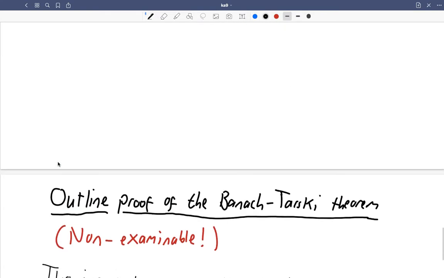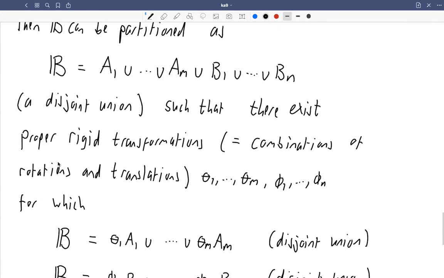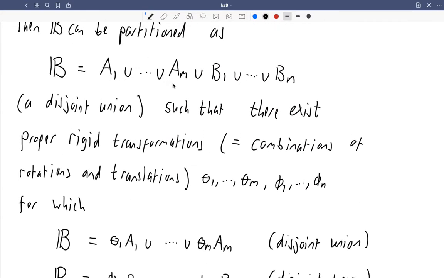And with that finite partition, what we do is we subject individual sets in the partition to proper rigid transformations. So we're using these proper rigid transformations, which are combinations of rotations and translations. And there's a group of such proper rigid transformations. It's called SE3.